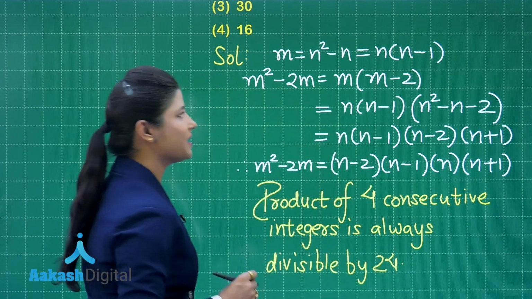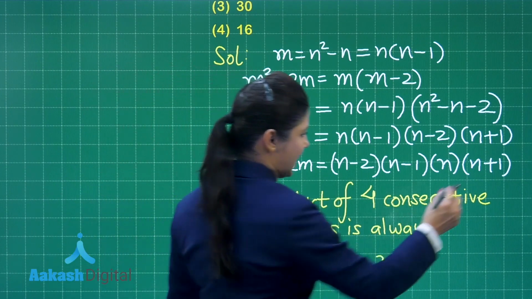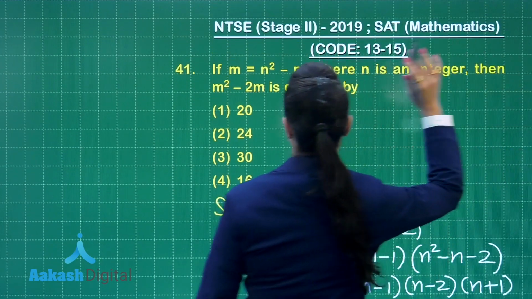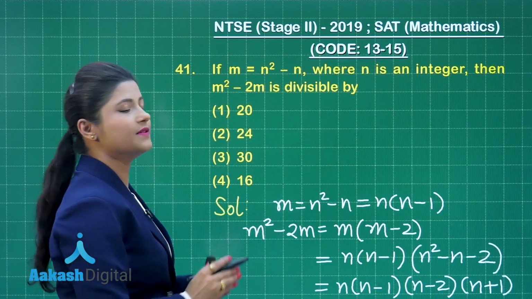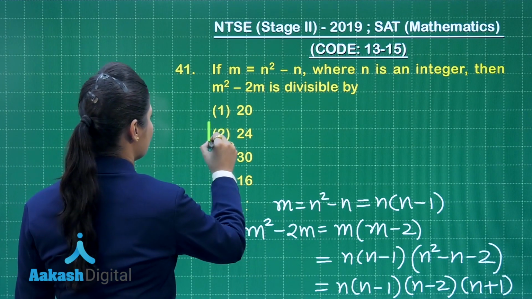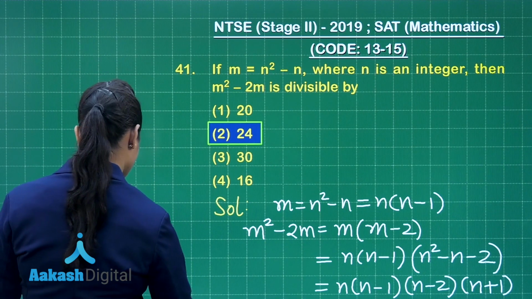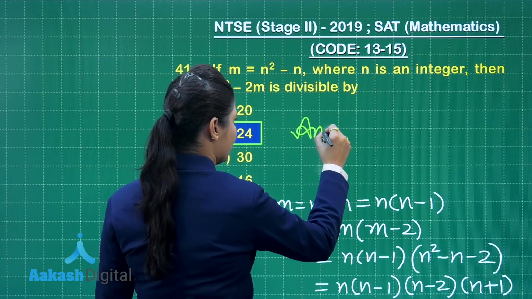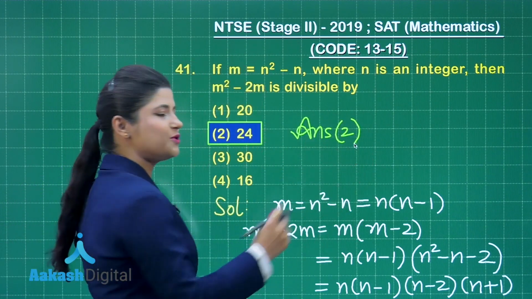Taking this into consideration, I can clearly get the answer for this question, that m square minus 2m is divisible by 24. You can clearly find that in option number 2. So the correct answer for this question is option 2. I hope it is clear to you.